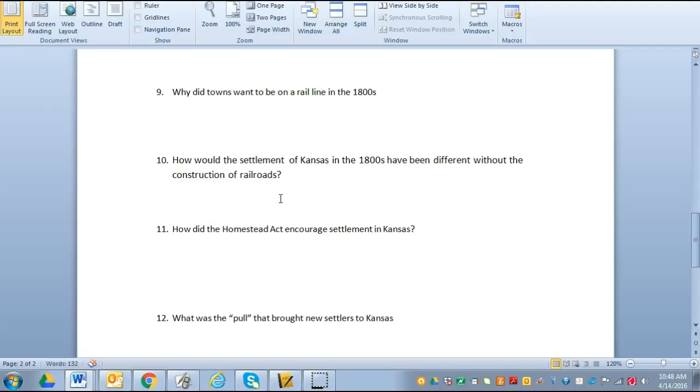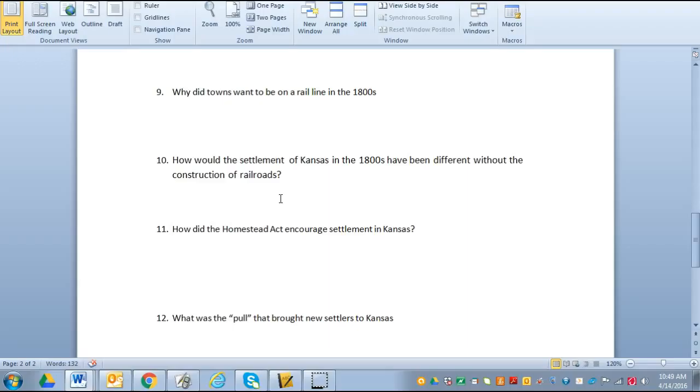Here's the deal that came with the Homestead Act. That didn't become yours right away. You paid the state $10. You got your 160 acres. The deal was you got 5 years to show improvement to the land. I'm talking planting trees, building a house, showing that you planted crops. Show that you've improved that land after 5 years.